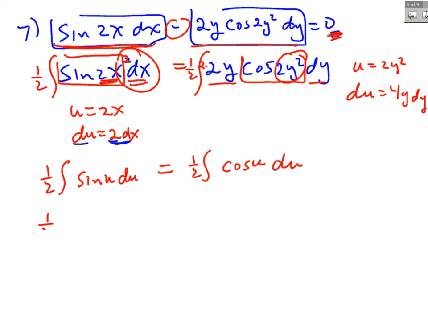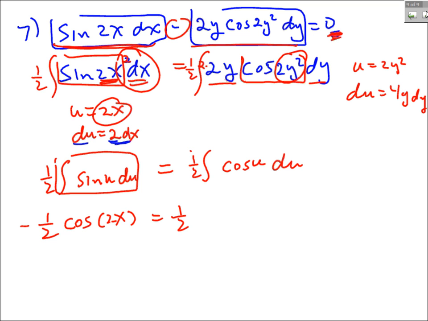Okay. 1/2. The integral of sine of u is negative cosine of u. And u was 2x. Equals 1/2 times integral of cosine of u, which is sine of u.